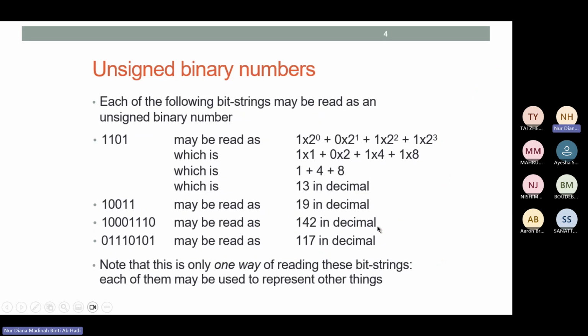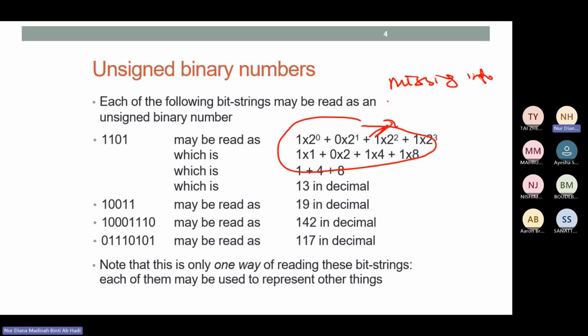So for unsigned binary numbers, each of the following bit strings may be read as an unsigned binary number. But I don't prefer you to use this method, because sometimes you will tend to have some missing information.